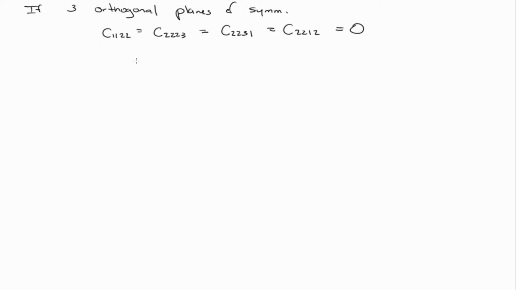So if you have 3 orthogonal planes of symmetry, then you have additionally those terms equal to 0, and you have 9 independent constants. This is called an orthotropic material.